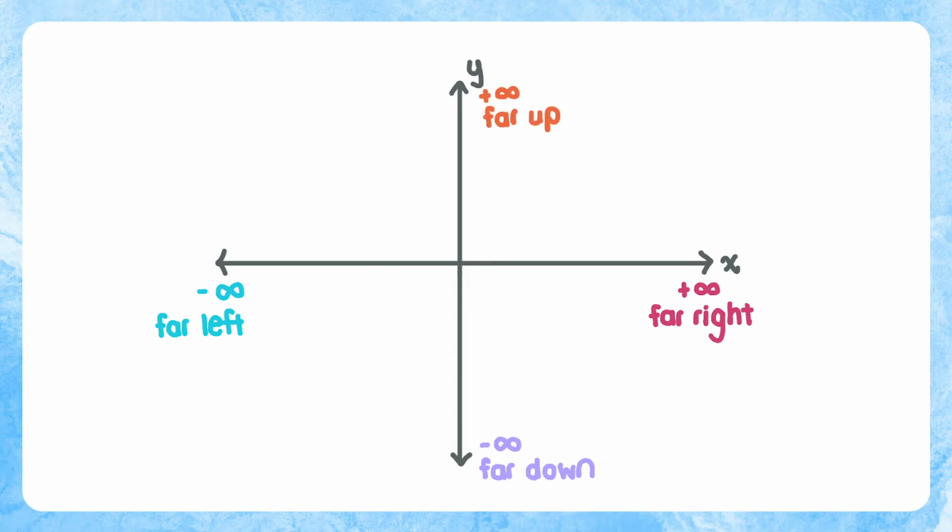And if you keep going up, you're going in the direction of positive infinity. Notice that for both axes, we use negative and positive infinity, but for the x-axis, we're talking about going to the far left or the far right, and for the y-axis, we're talking about going far up or far down.